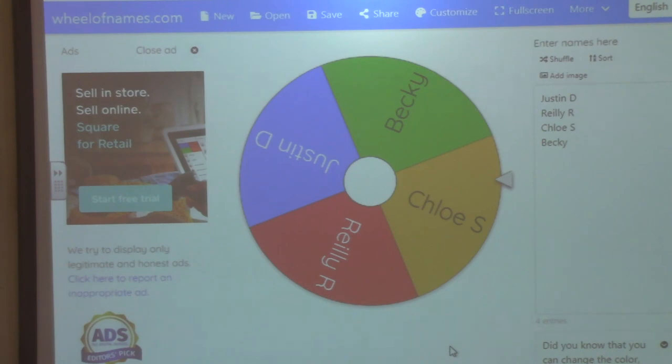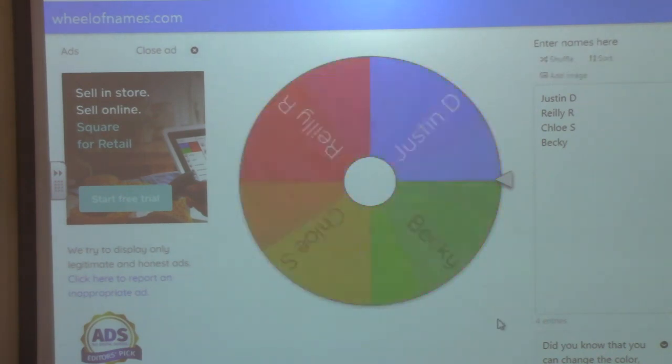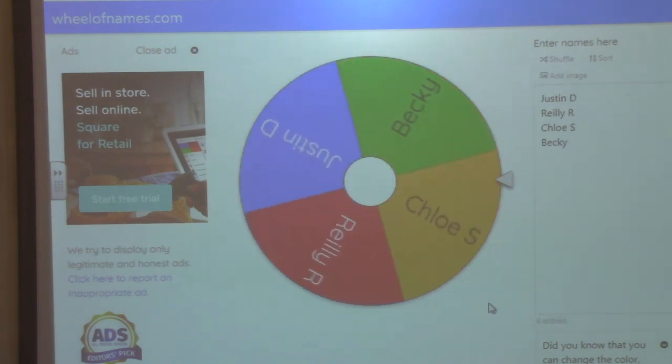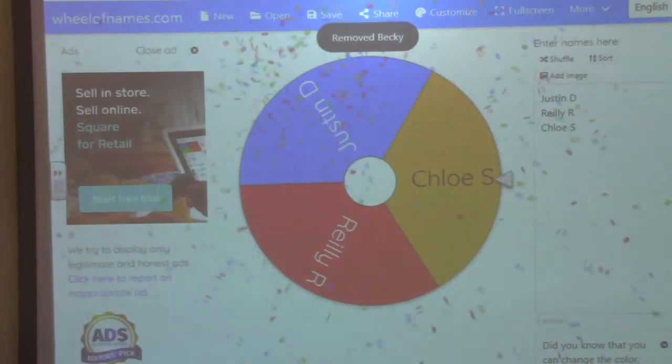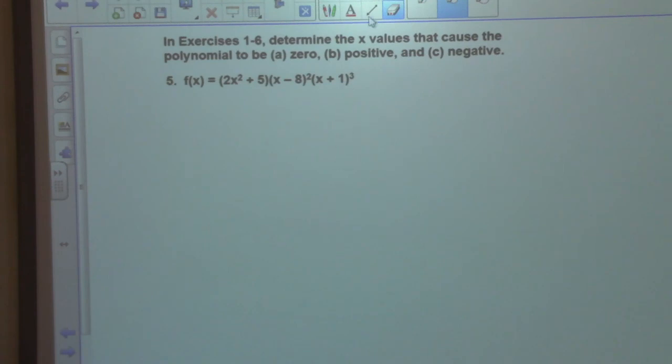All right, number 5. Let's see who we got for number 5. Looks like we'll have Becky for number 5. What'd you get for 5, Becky? So at first this one was confusing to me, and I figured out with the first one, x equals, and we have to be square roots, because negative 5 over 2.